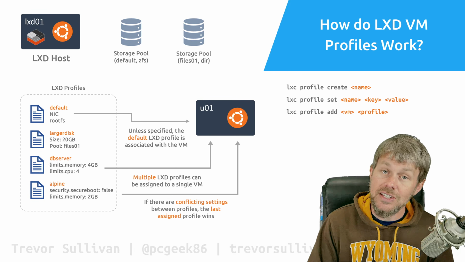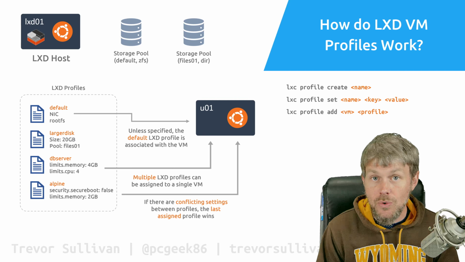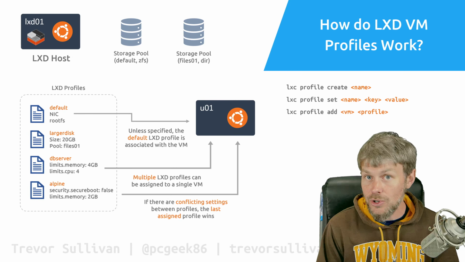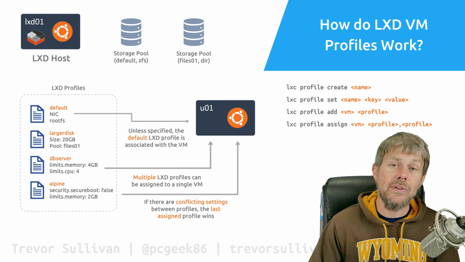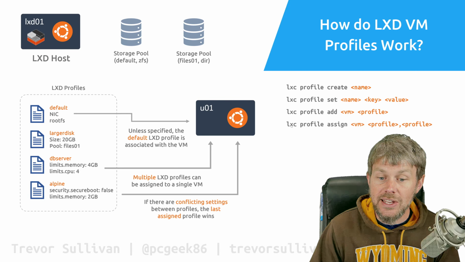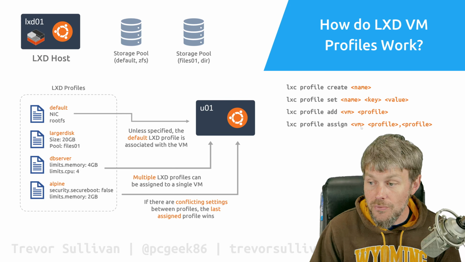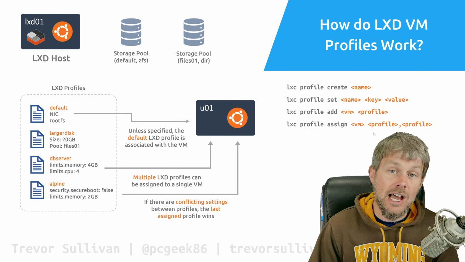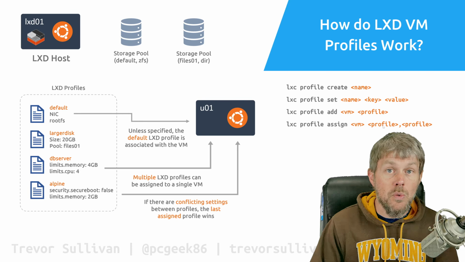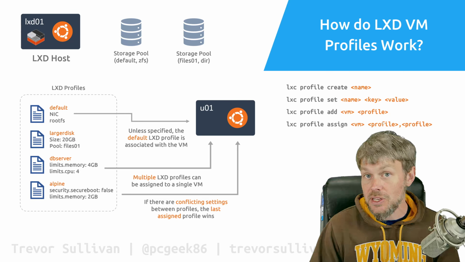So keep in mind that there is a specific order that profiles are applied to virtual machines. And the way that we can specify that order is by using LXC profile assign, specify the VM that we want to configure profiles on, and then we can have a comma separated list of profiles that we want to apply in a specific order.